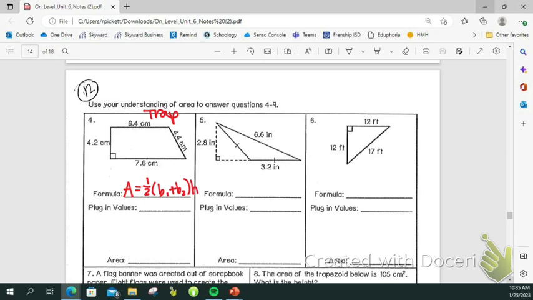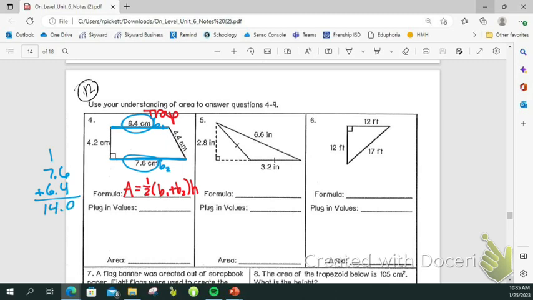Remember, the bases are the lines that are parallel, so 7.6 and 6.4. And we have to add those two bases together. So we're going to add 7.6 plus 6.4. And that gives us 14.